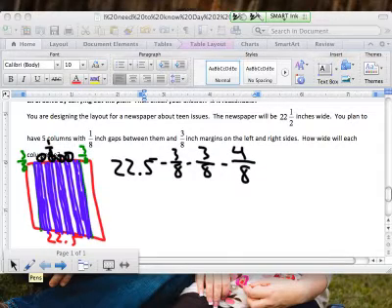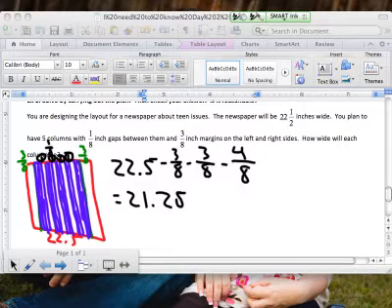Okay, and then at this point it would be nice to have a calculator, so I'm going to do 22.5 minus 3/8 minus 3/8 minus 1/2 or 4/8, and I get 21.25 inches. That's how much room I have for my columns.